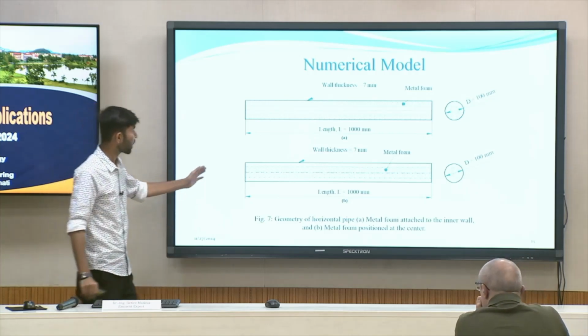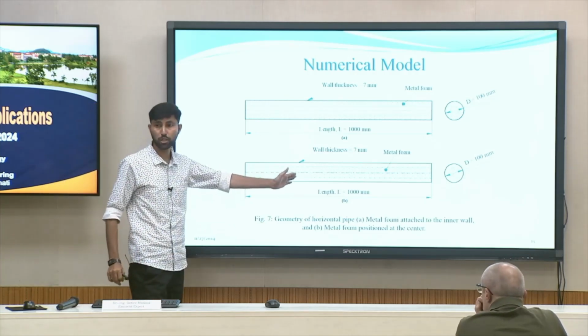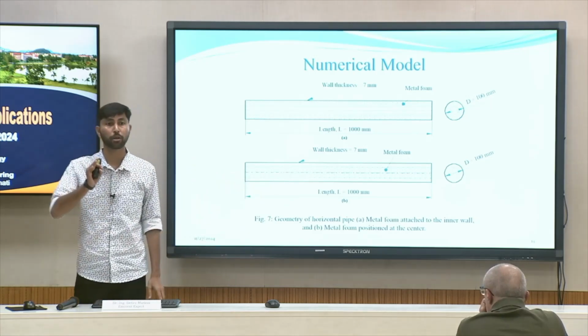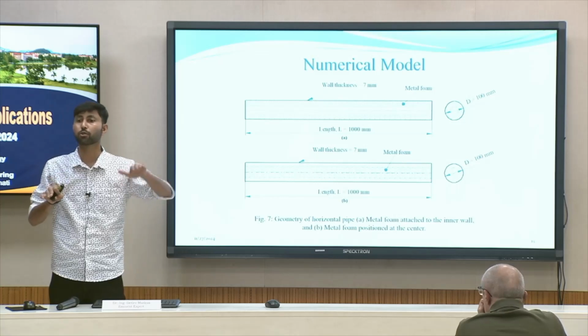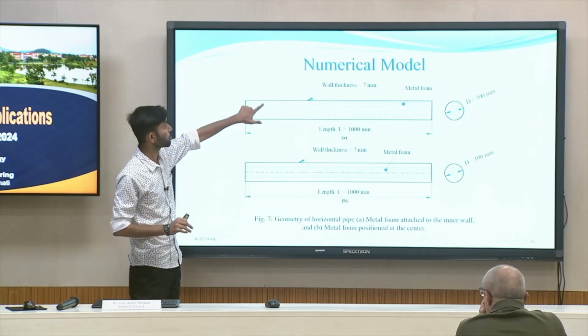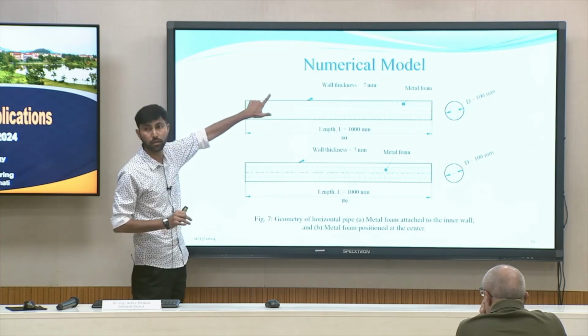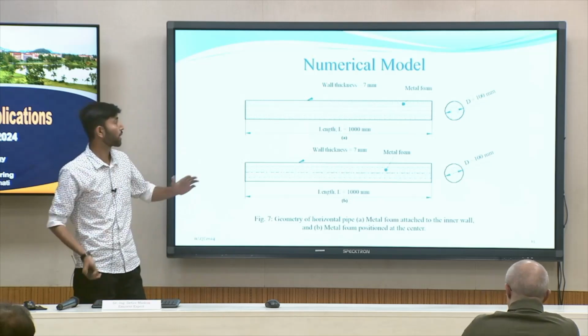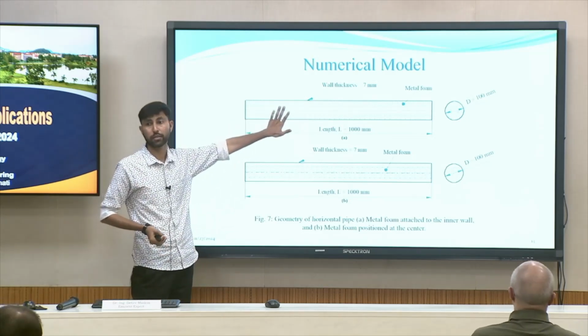When there is a high velocity, more obstruction, so the pressure drop will increase. For better performance, pressure drop should be low and heat transfer should be high. In these cases, heat transfer is high as well as pressure drop is low. Because of that factor, we are getting a good result for the first case.